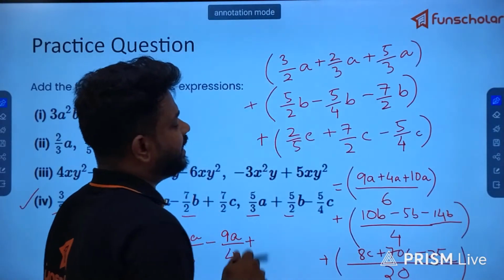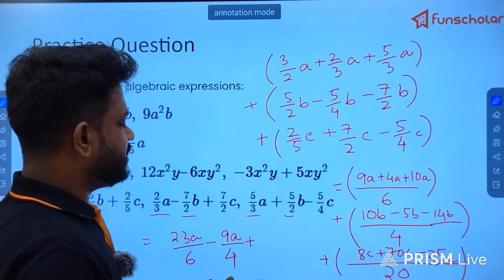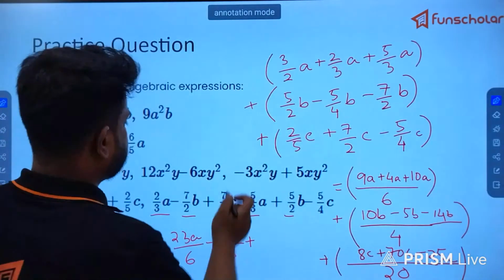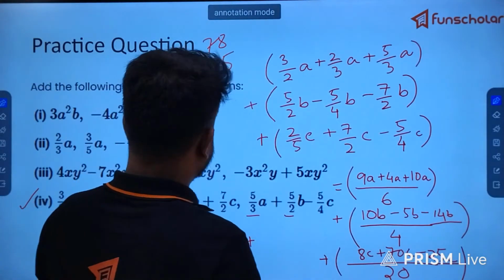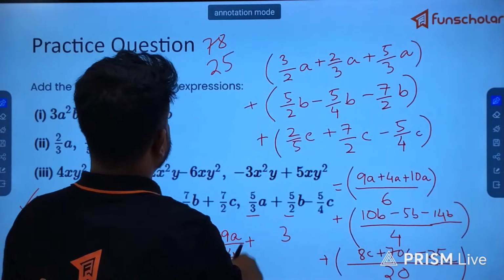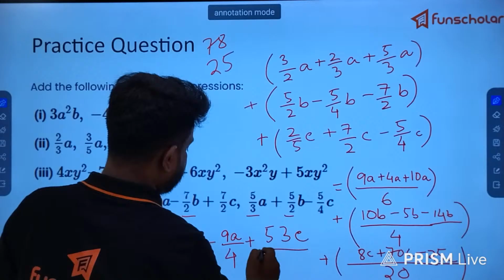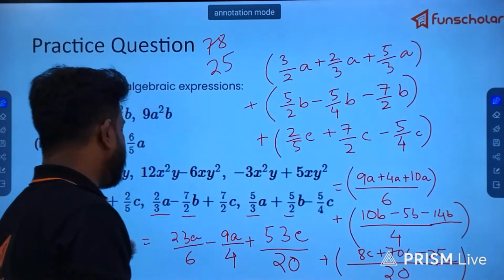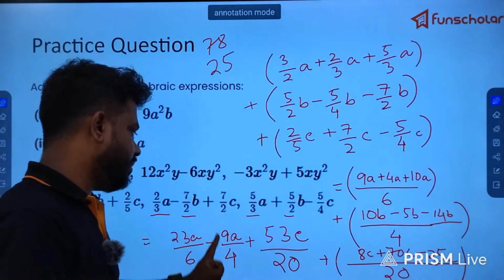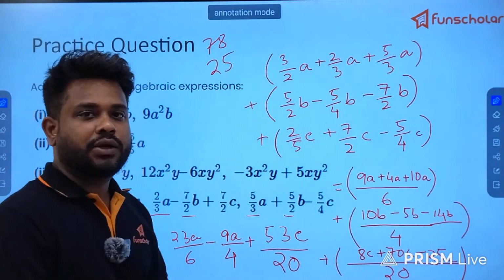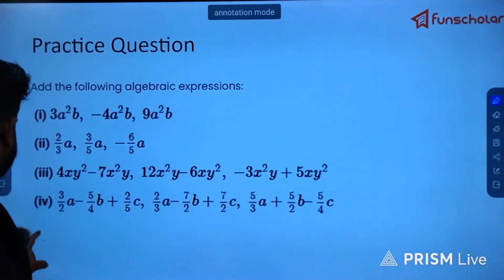So 78 minus 25 will be 53c by 20. So this one will be the final answer, that is 23a by 6 minus 9a by 4 plus 53c by 20. Okay, so all of them are done.